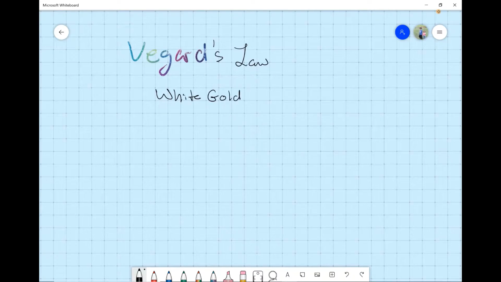And white gold, if you don't know, it was a platinum replacement. It came out in the 1920s.